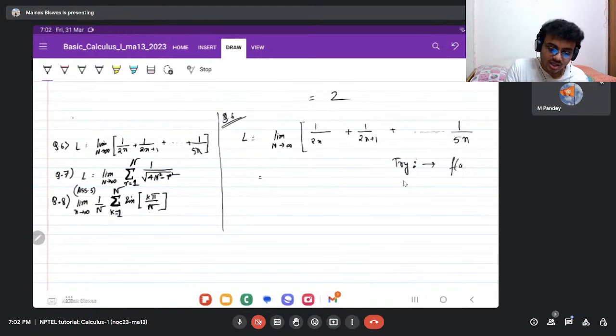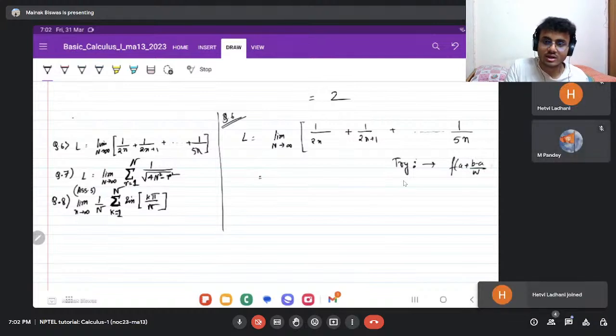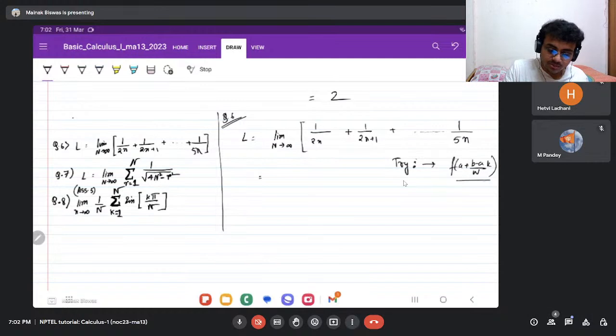Try to make your equation f of (b minus a) k by n, between 0 and 1. If it is, then it is k by n. If you make it a function like this, then you can replace it by an integral, right? We have already seen this summation (b minus a) by n is the integral of a to b f of x dx.